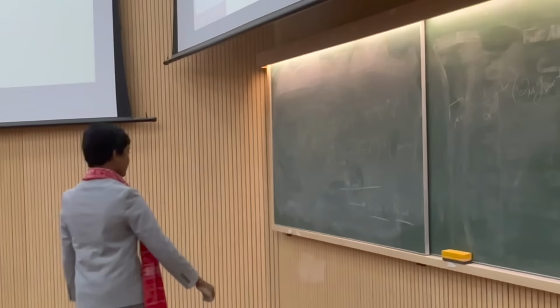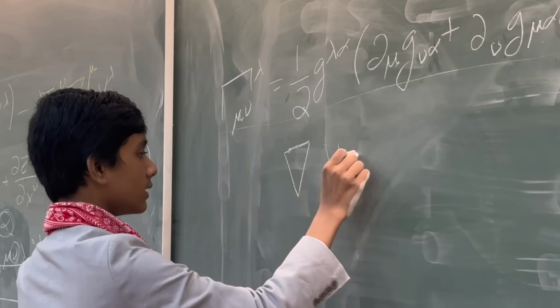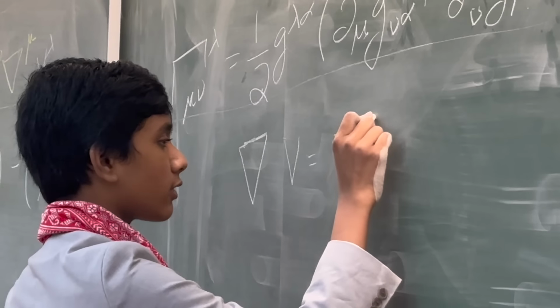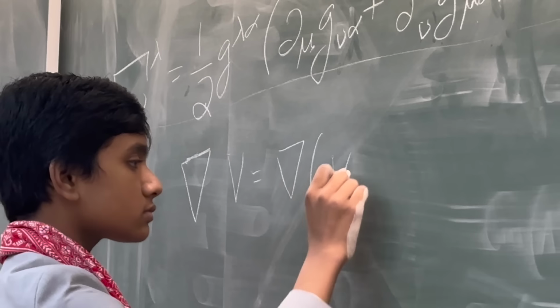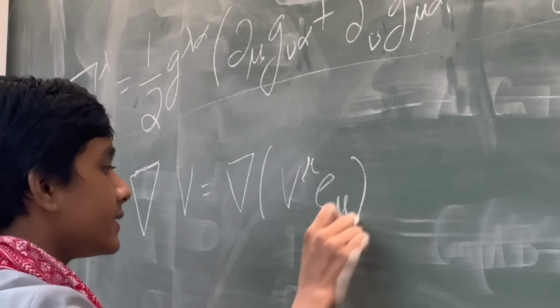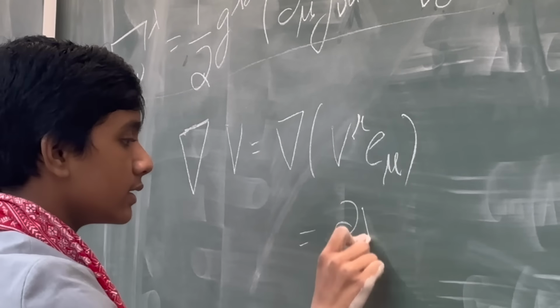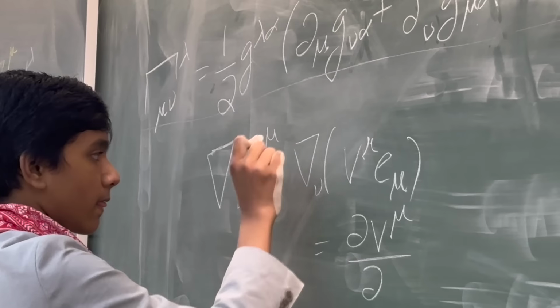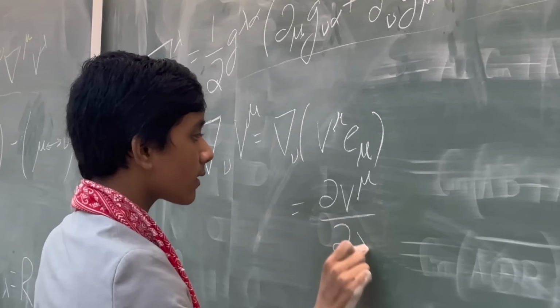So essentially, what he's saying is, what we derived was that this is, by the product rule, going to be equal to the derivative of this, which is equal to this. Oh wait, sorry.